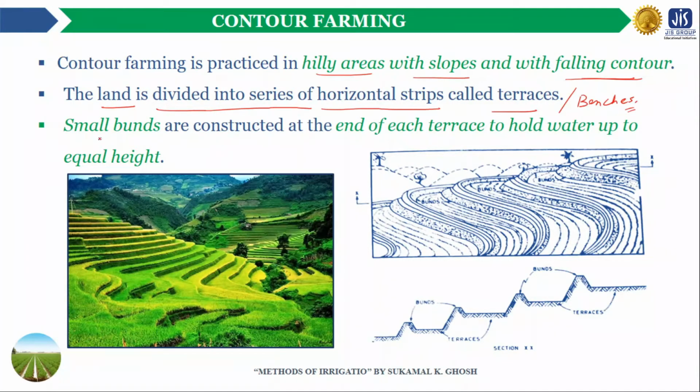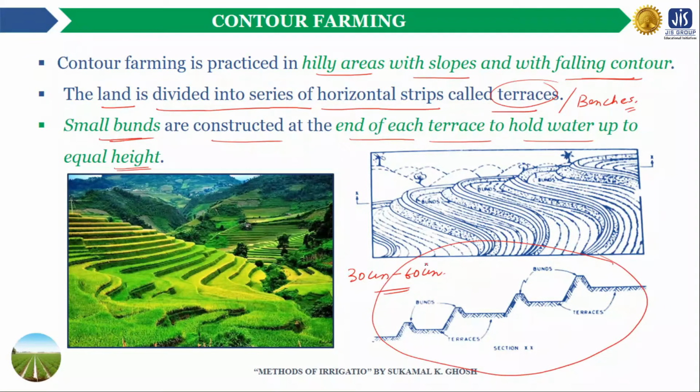Small bunds or levees are constructed at the end of each bench or terrace to hold the water up to an equal height. These terraces or benches are aligned to approximately follow the different contours at a vertical interval of 30 centimeter to 60 centimeter. You may observe in this particular cross section that these portions are known as terraces or the benches.